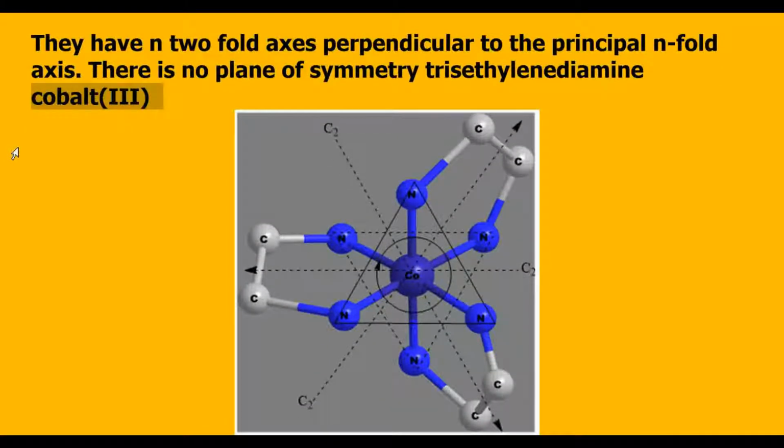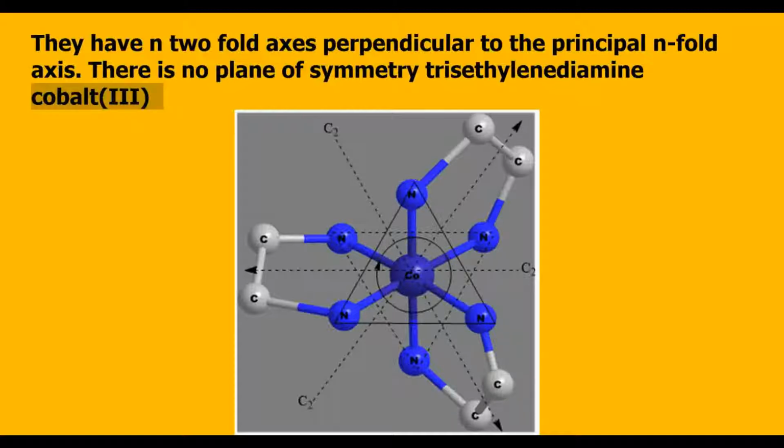You can see in the figure, this is an octahedral complex of cobalt. This is a 1:3 complex, and you see that the ligand is ethylene diamine, NH2CH2CH2NH2. The hydrogens are not shown in the figure, but they are obviously present.